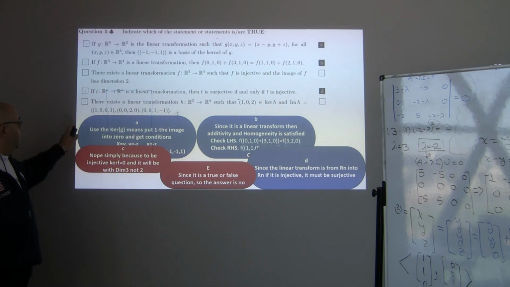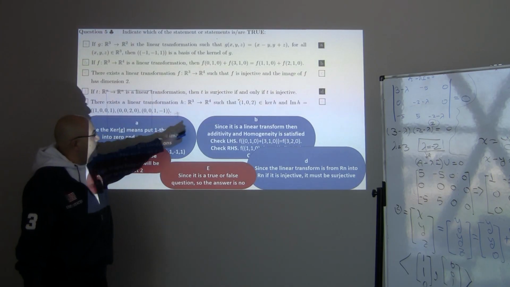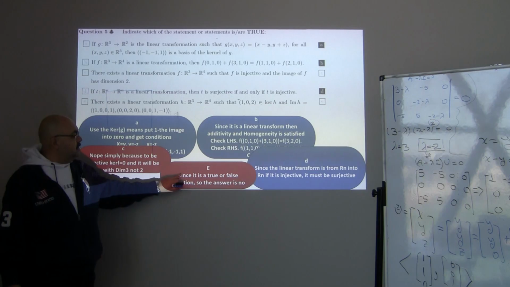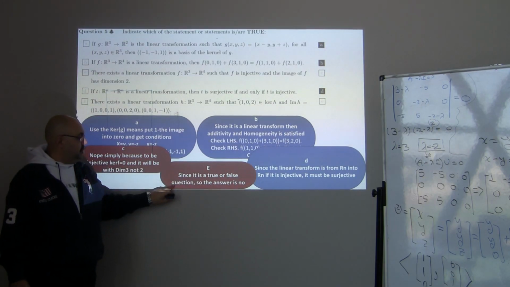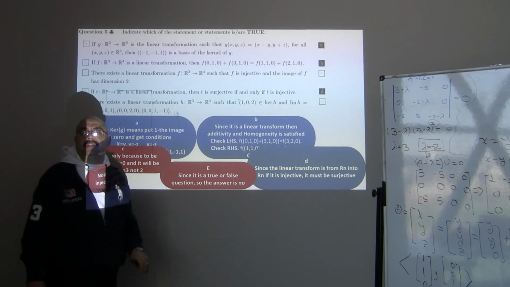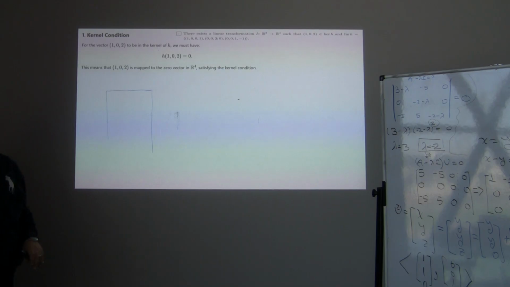Okay. Number E: there exists a linear transformation R3 to R4 such that 1, 0, 2 belongs to the kernel of H and the image. Be careful, since it is a true or false question, the answer is no. This is not correct, but it needs further analysis. If I want to analyze this problem specifically, I will have to go step by step.